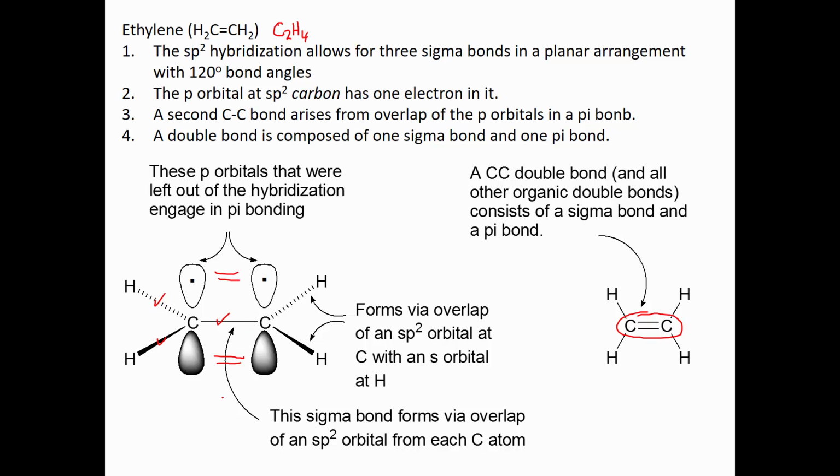Remember, this is just one pi bond, even though it has two contact regions like that. So don't let that confuse you. Don't let that imply that there's an extra bond. The pi bond has to have the contact on each side like that.